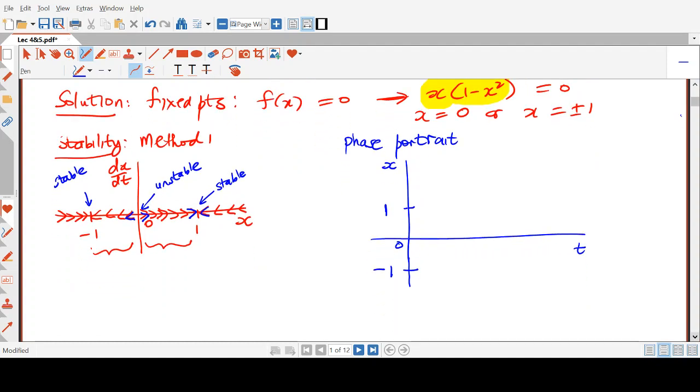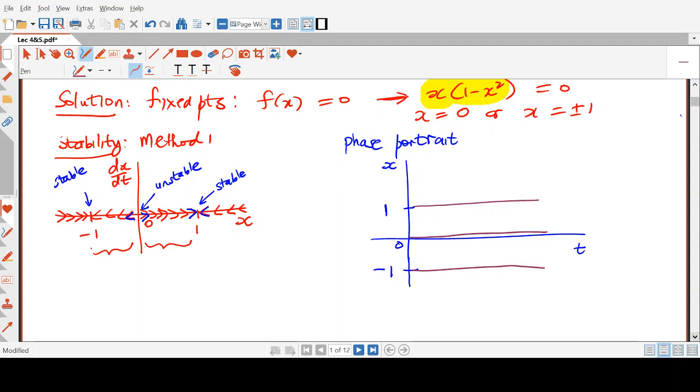So what we do is we draw those in, and then we just draw some lines here. And we like to see what happens slightly on the top, slightly below this point. And if you start somewhere near this point, where does the solution go? Does it go away from the fixed point or not?